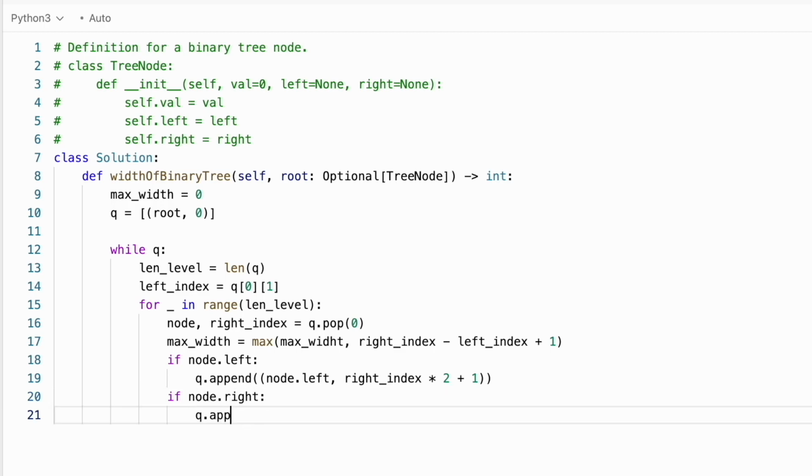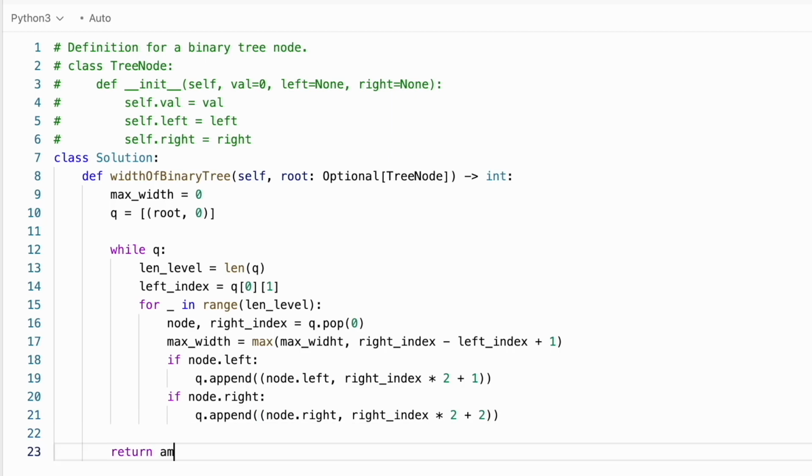We append node.right, and the index of the right node will be right index, which is the index of the parent, times 2 plus 2. And we repeat this for all the levels and finally return max width. Oh, there is a typo here. Let's fix the typo.